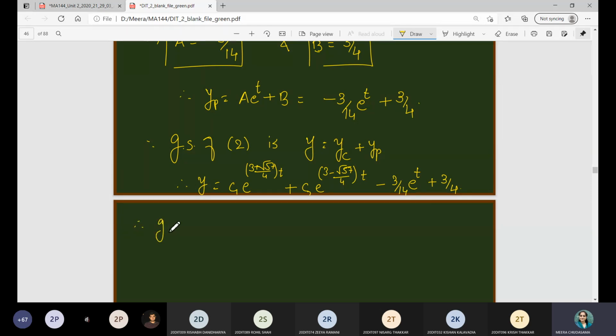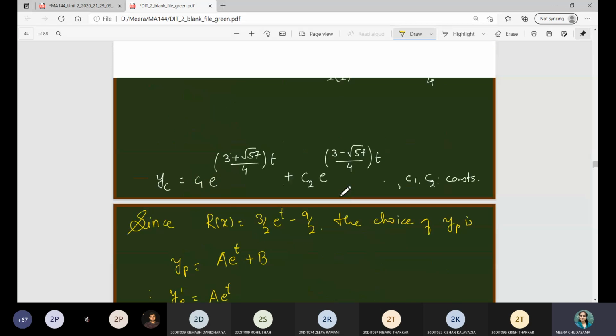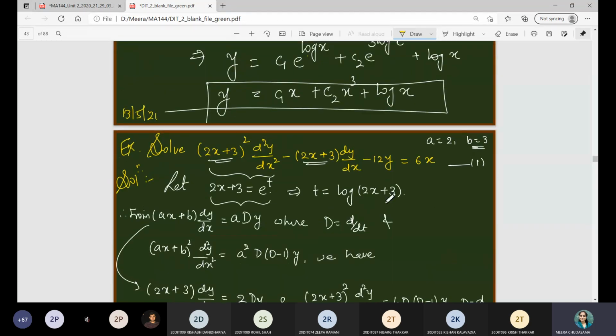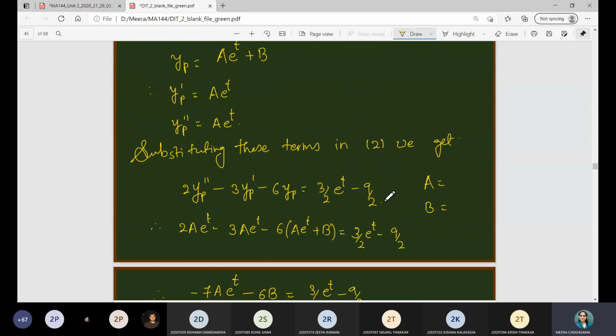Yes. So therefore the general solution of 1 is given by, so this y is a function of t now, and now when we write the general solution of 1, it will become a function of x, right? So c1 e raised to t. What is t? t is nothing but, you can see here, t is log of 2x plus 3, right?